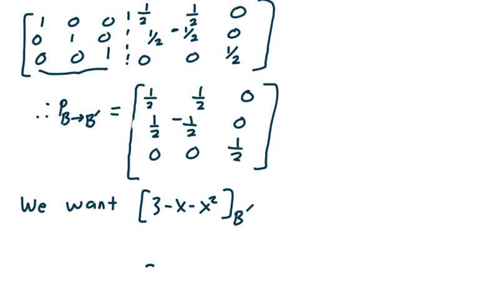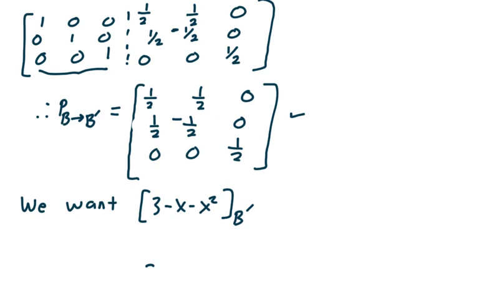And so what does that tell me? The transition matrix from B to B prime is the matrix 1/2, 1/2, 0, 1/2, negative 1/2, 0, 0, 0, 1/2.